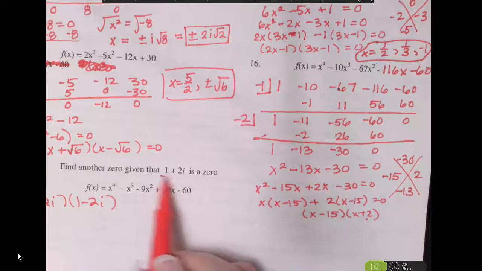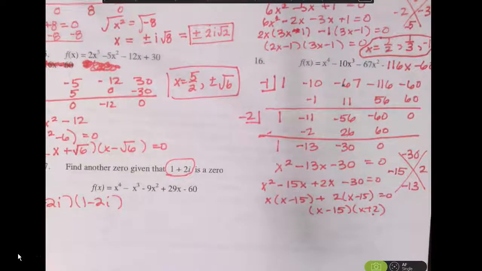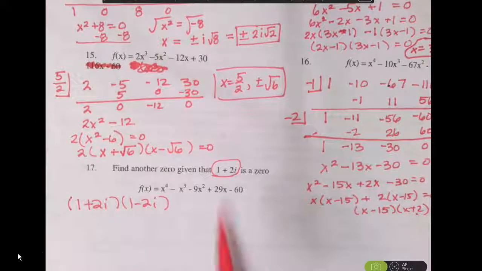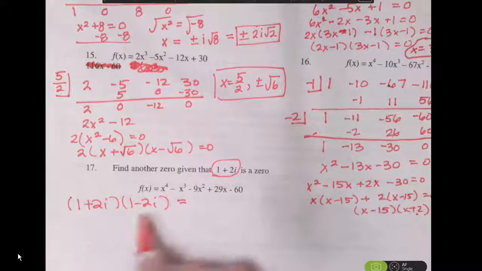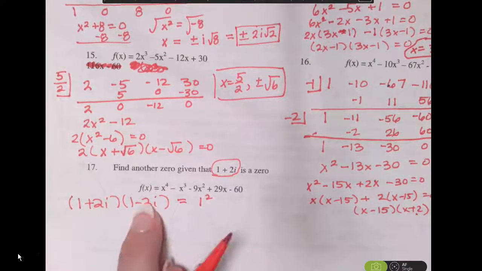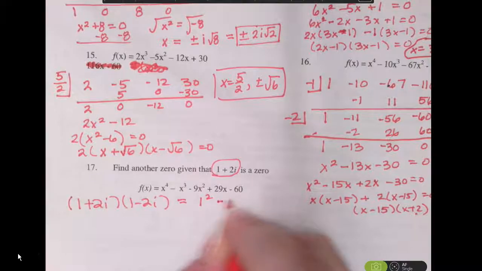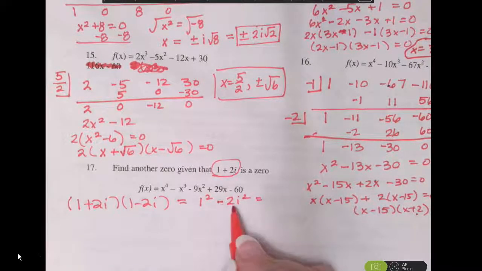See, I cannot synthetically divide or divide in any way this imaginary number into my polynomial. But if I take into account the fact that 1 plus and 1 minus 2i are both zeros, then I can FOIL that out. I get 1 squared plus 2i minus 2i cancels. Minus 2i squared. So that's 1 minus negative 4.